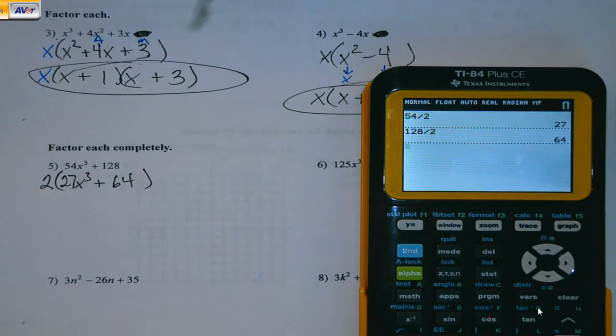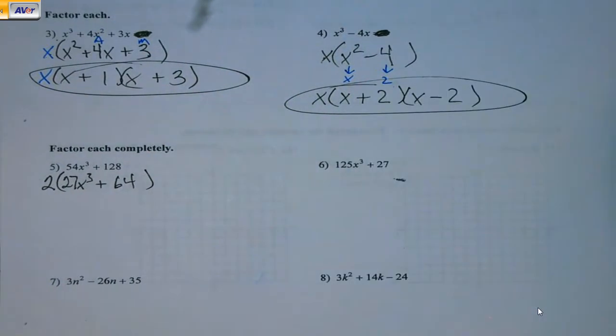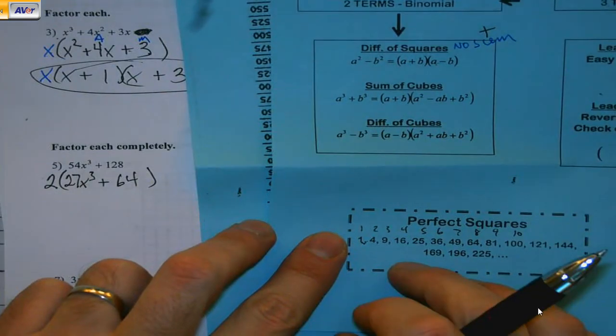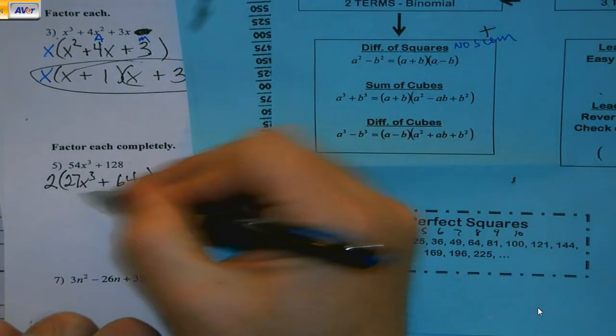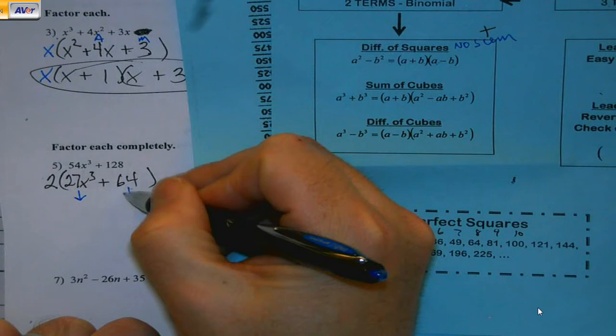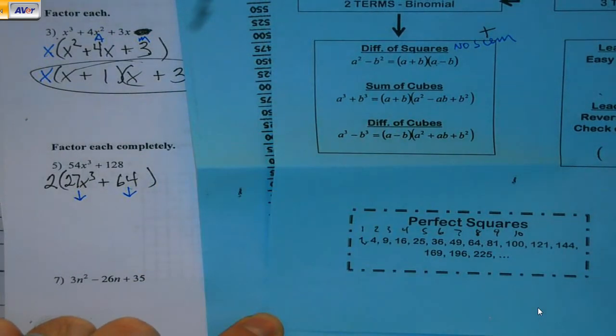So now at this point, again, I'm not alone on this. I've got my form right here. What I have to do is figure out what I cubed to get each part.